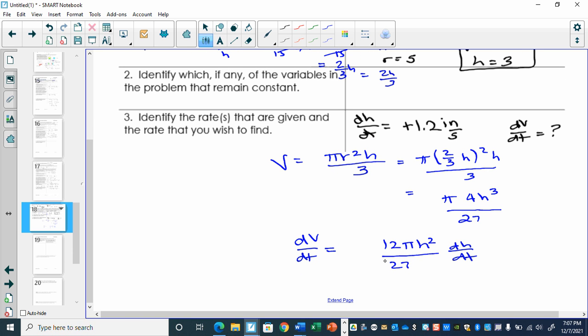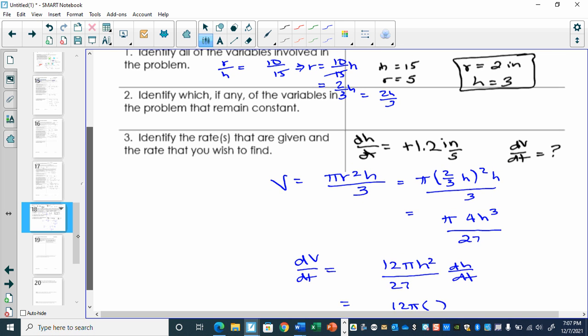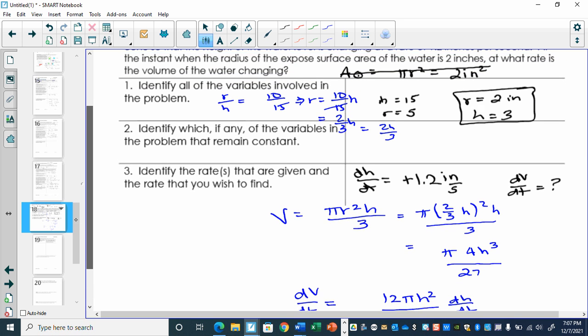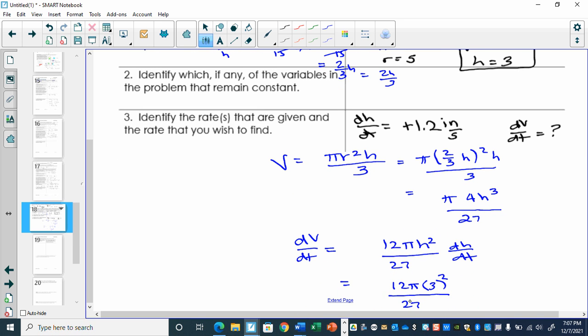I have the height, which is 12π over 27. The height is 3 at 2 inches. It's 3. I figured it out earlier that dh/dt, this depth right here, is 1.2.